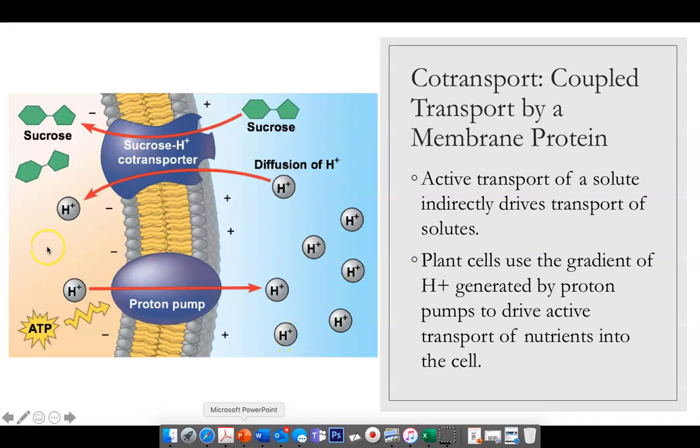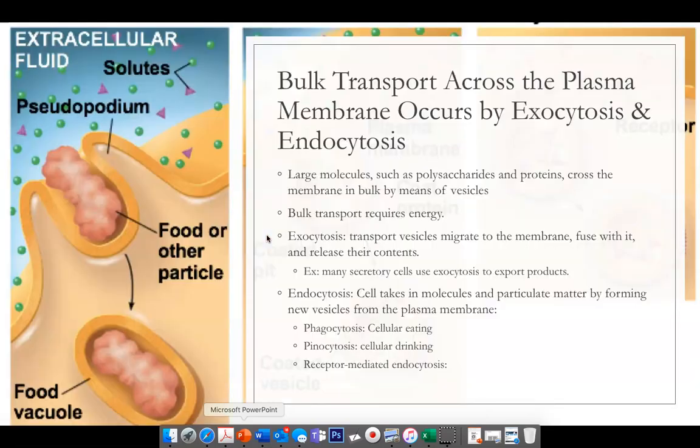Because if the gradient reaches dynamic equilibrium, then sucrose would no longer be able to get into the cell. So by continuing to pump the protons out, you keep the membrane potential such that the hydrogen ions need to get back in. Okay, I hope that makes sense. If not, we'll just ask a question in class and I'll try to explain it more next week.